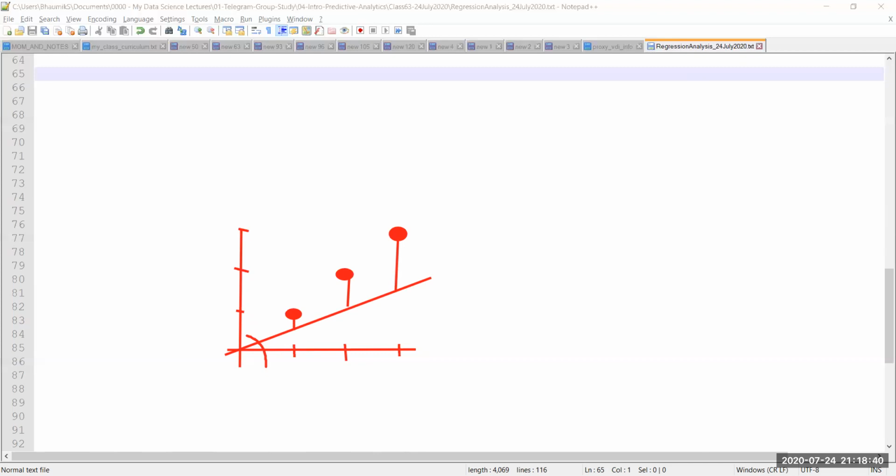So if the theta 1 value is 0.5, then what is actually happening here? This point becomes 0.5, this point becomes 1, and this point becomes 1.5. These are the predictive values, but the actual values are 3, 2, and 1.